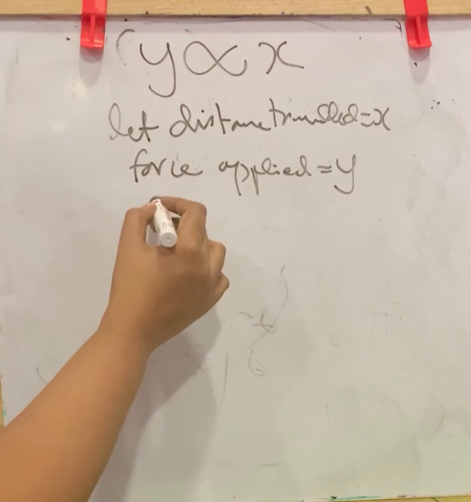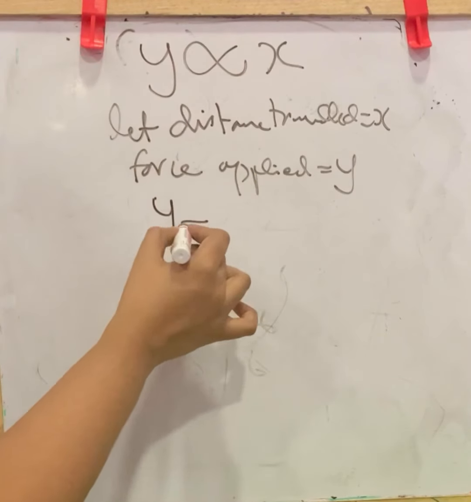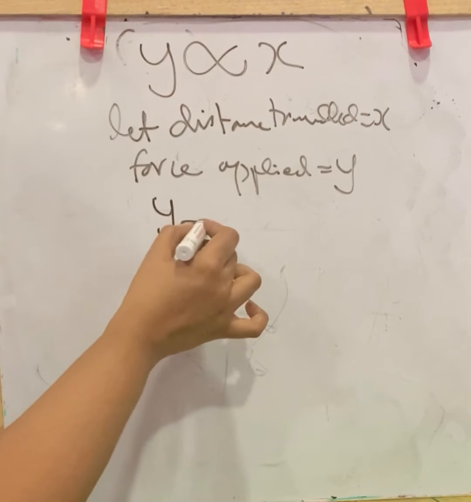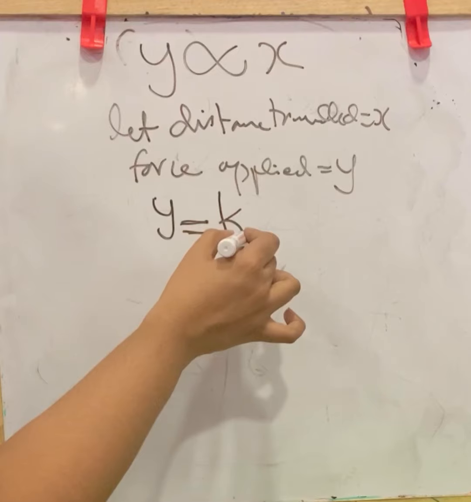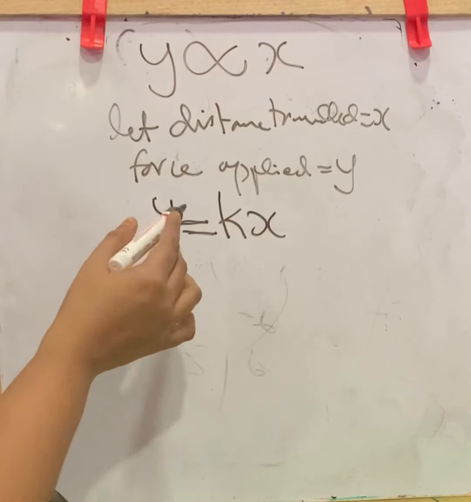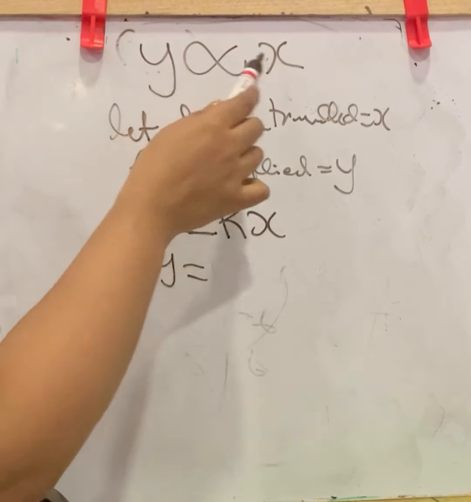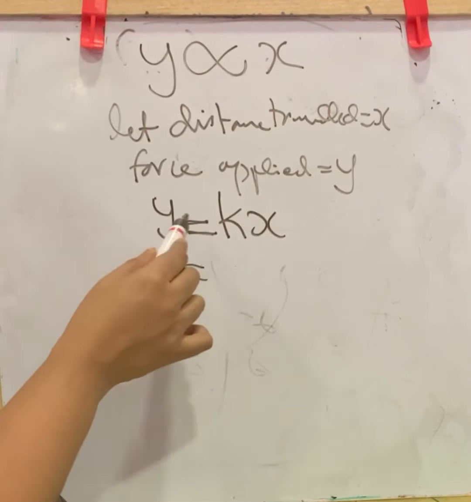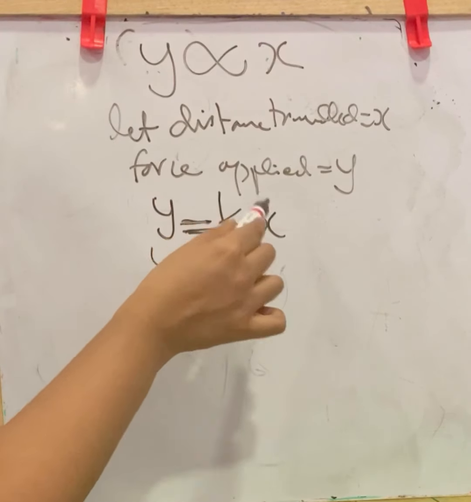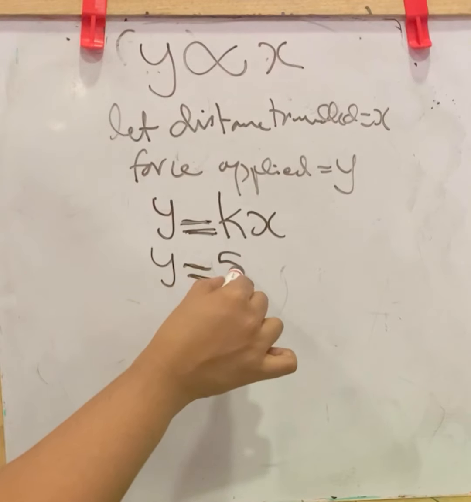From this we will write y proportionality changing to equality, it becomes equal, and we want to multiply a constant value with this variable. Here it is given constant force, that is why we took y proportional to x, then only we can write y equal to kx. Then constant force is 5, it is given.